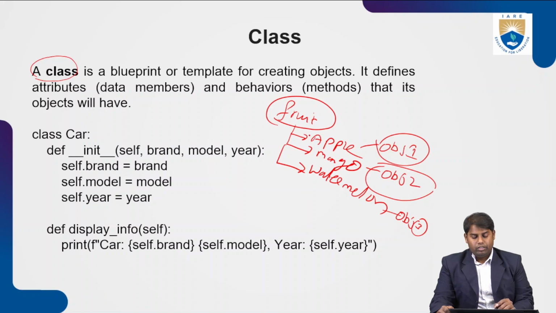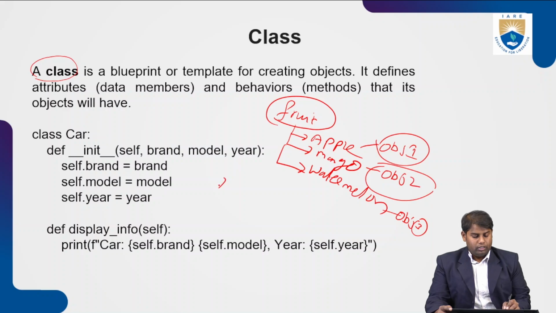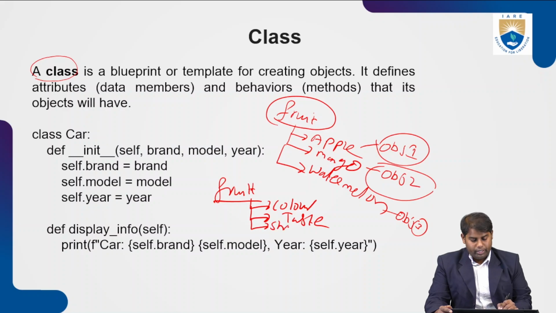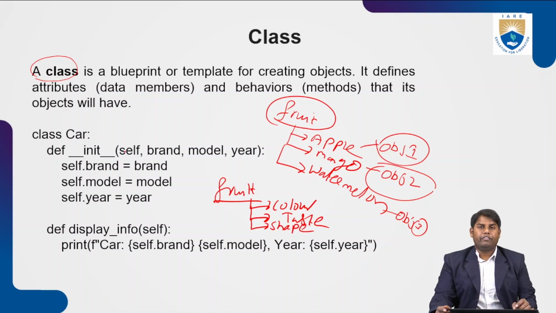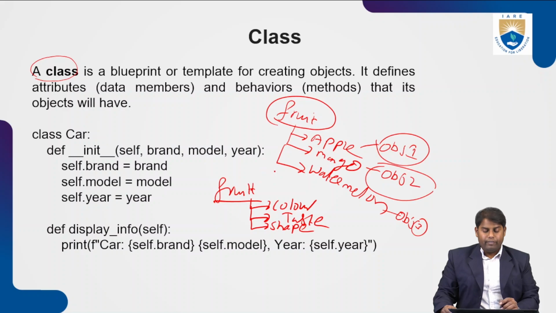If you see the features of a fruit, they are, let's say, color, taste, and shape. These are the attributes, or features. Object 1, object 2, and object 3 differ from each other in these three features.